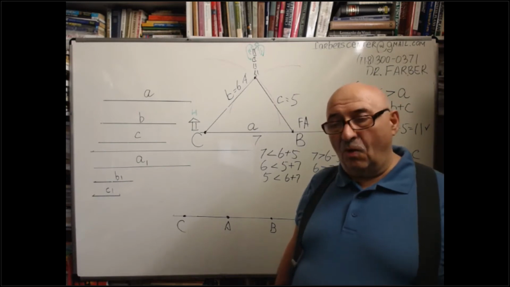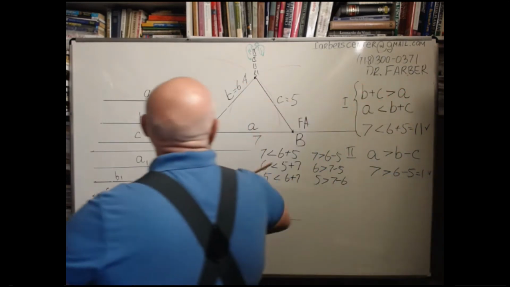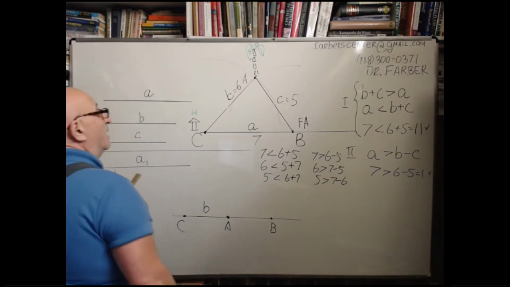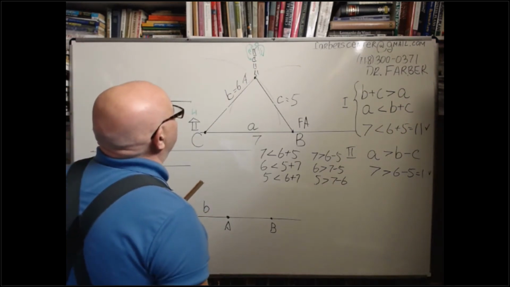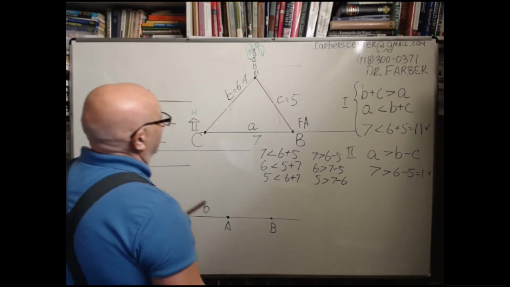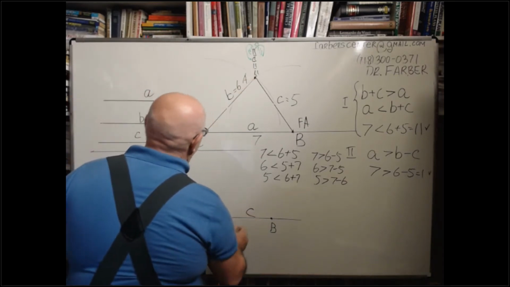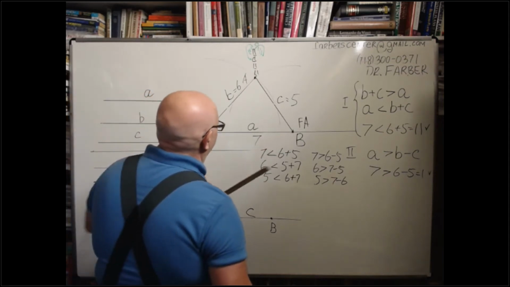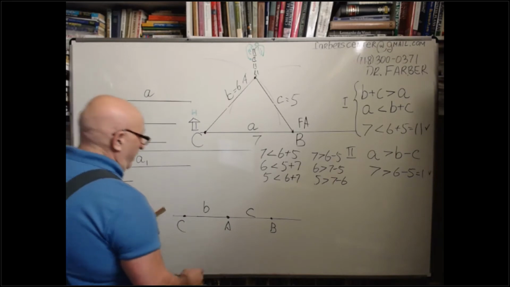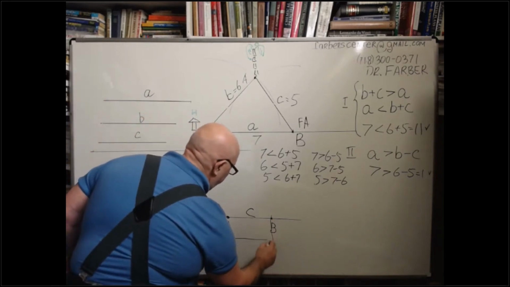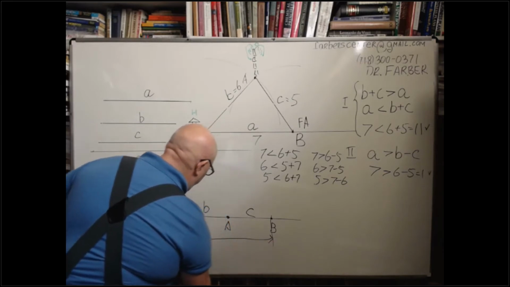No, because absolutely from C to A we have B, and from A to B I have C, and from C to B I have A. So this is A. Let's analyze what we get answering your question.